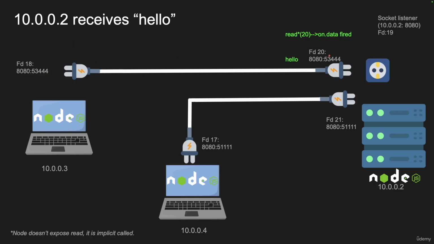What happens at the server side is we're calling epoll wait on all the connections. And when something happens, Node is notified that, hey, something is there. So Node is going to call read on that connection, and that will be translated to something called an on data event, which is very, very convenient.